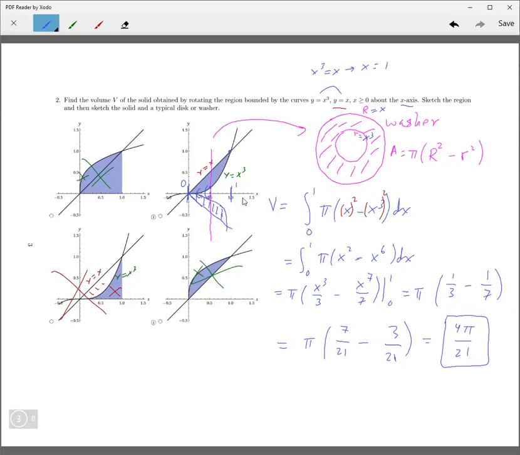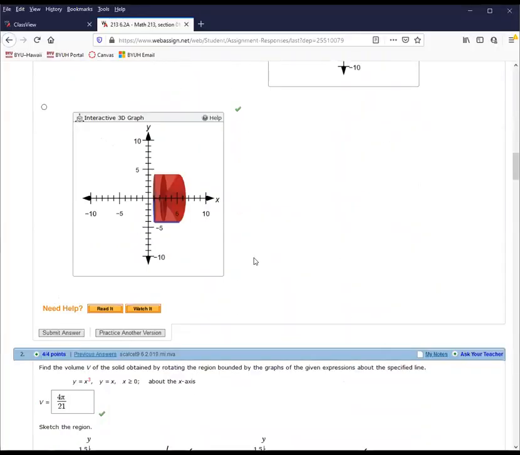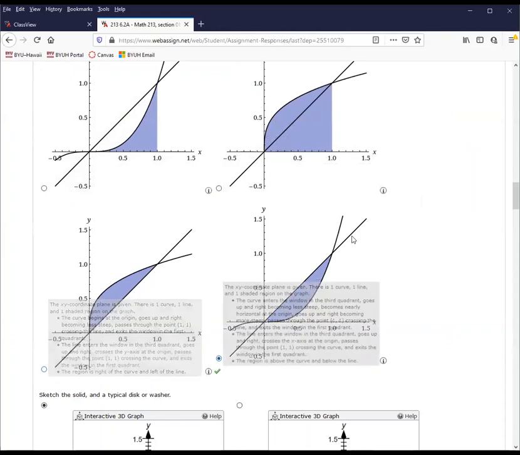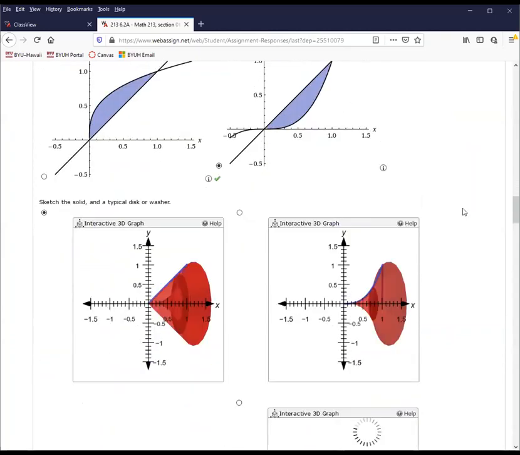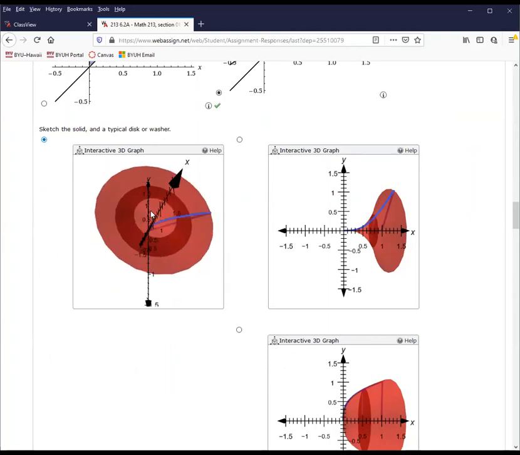Okay, great. Now, again, for this problem, WebAssign also has a characterization. So we're revolving this region here. That's going to be this one here.